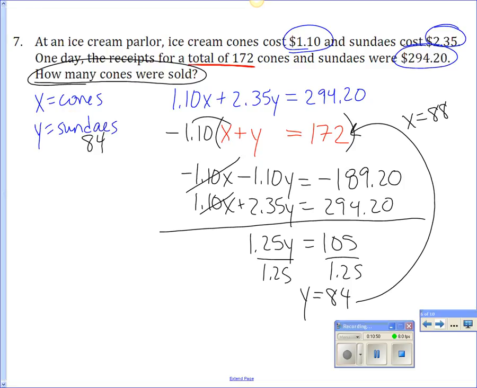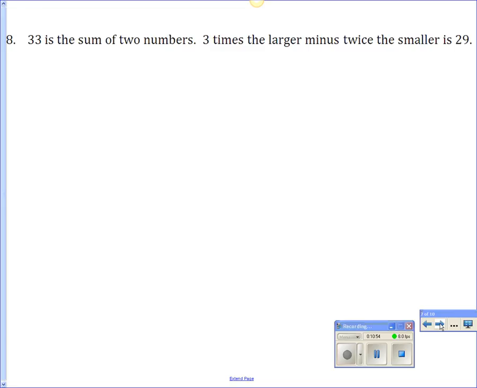Okay, and the last one that you had for homework, 33 is the sum of two numbers. 3 times the larger minus twice the smaller is 29. So again, we've got the first number and the second number. 33 equals the sum of the two, so x plus y.